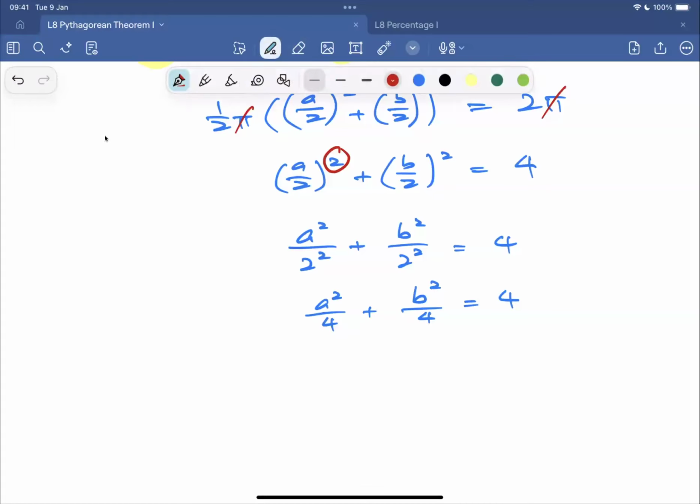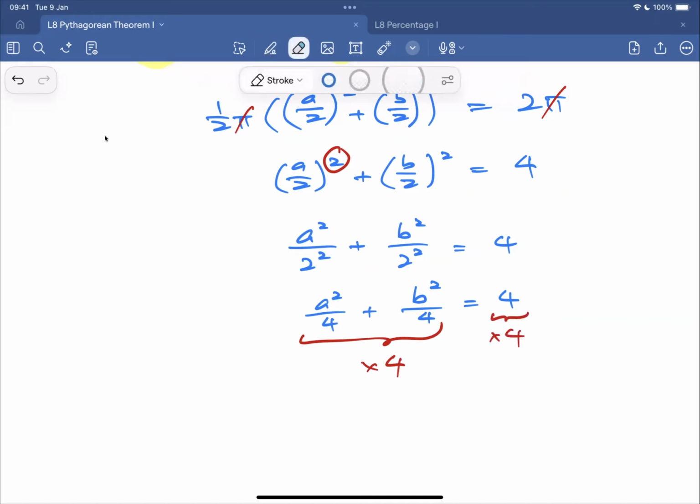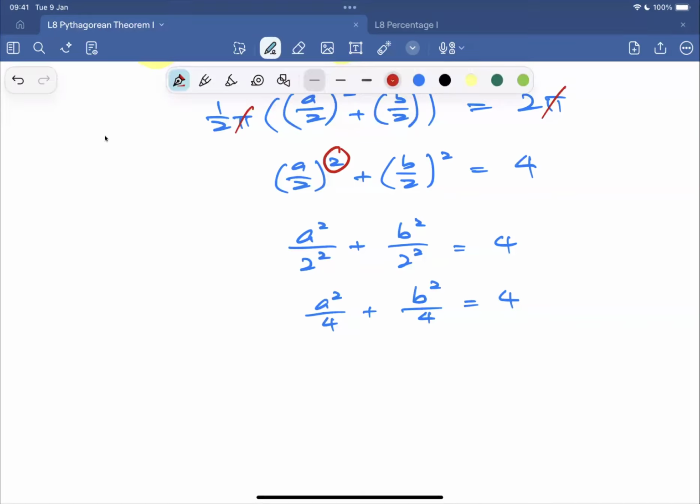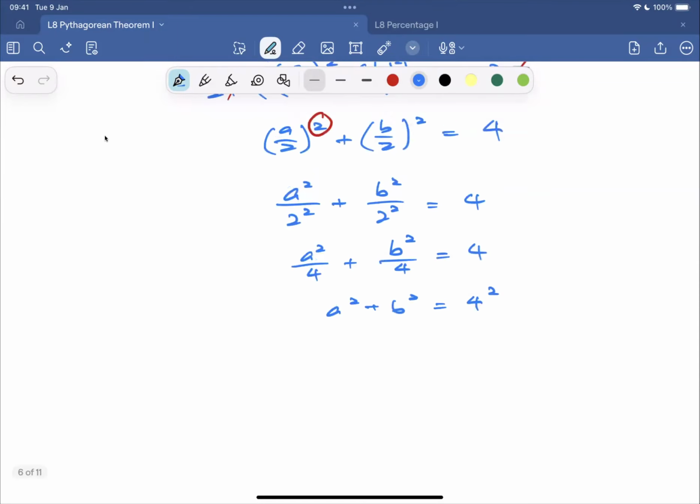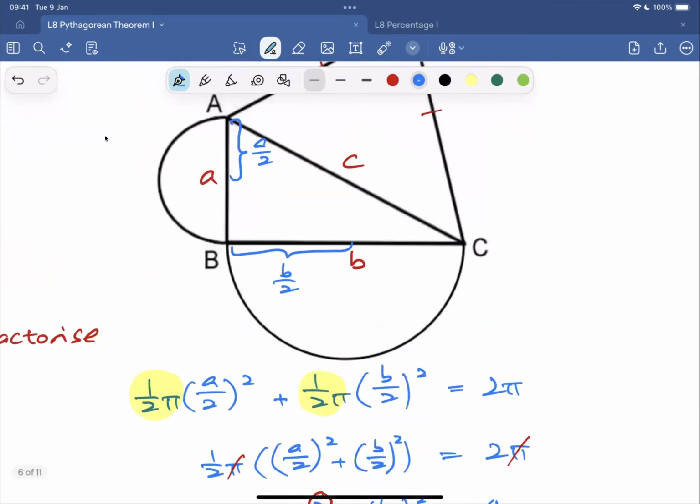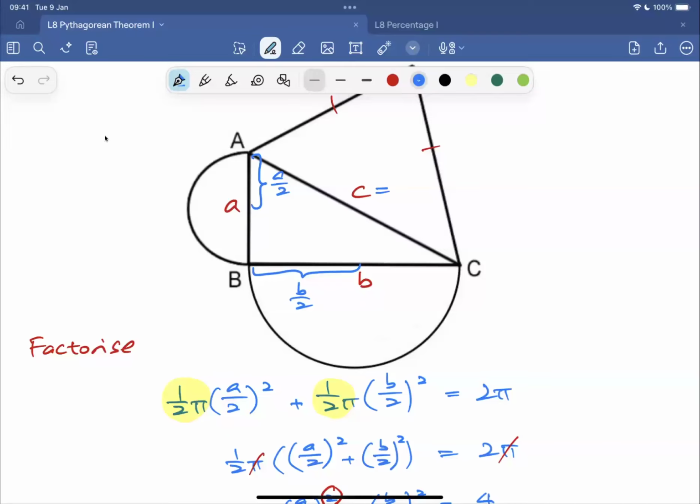What should I do on this side? Times 4. Yes, multiply by 4. What about the other side? Times 4. You must do the same thing on both sides. Then I will be left with a square plus b square equal to c square. So can you tell me what is the length of c?